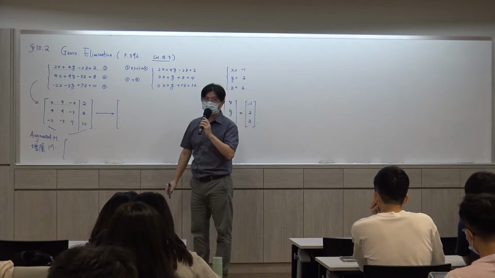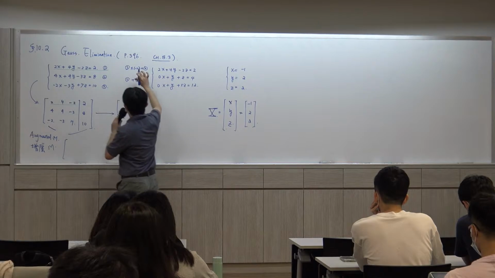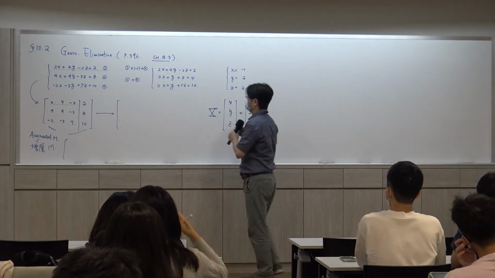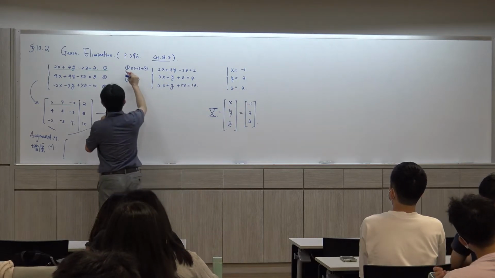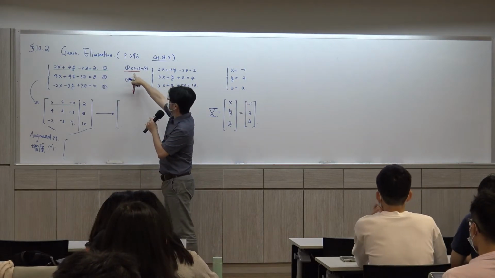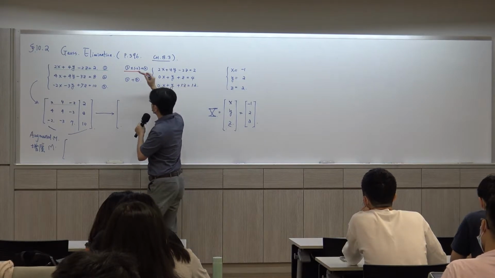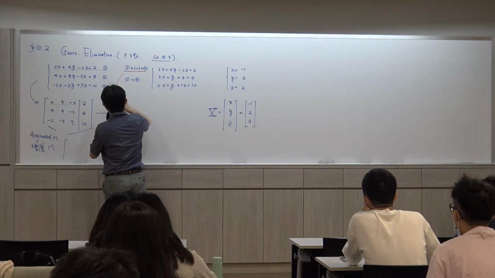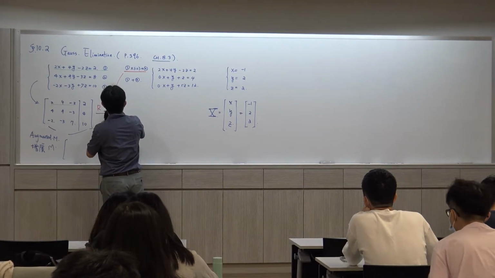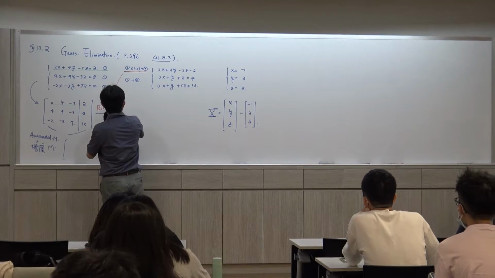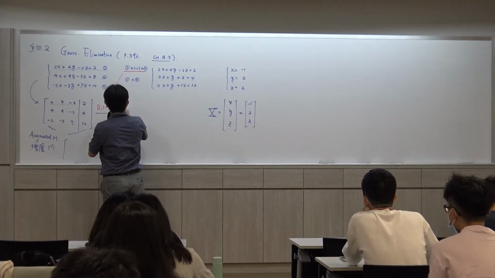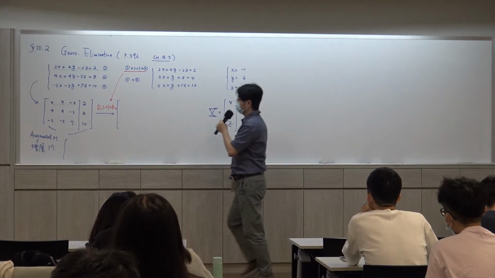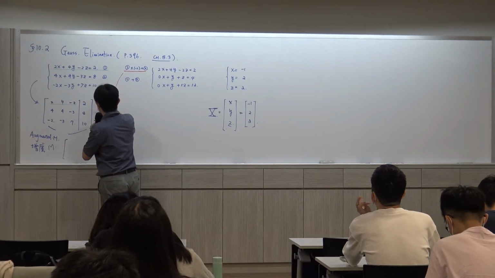So we can perform row operations. This one you can consider like this, right?